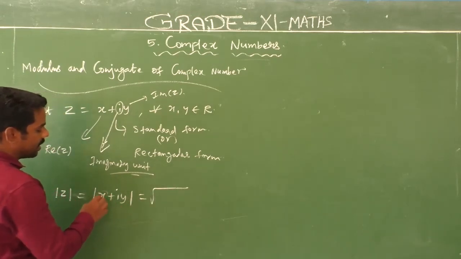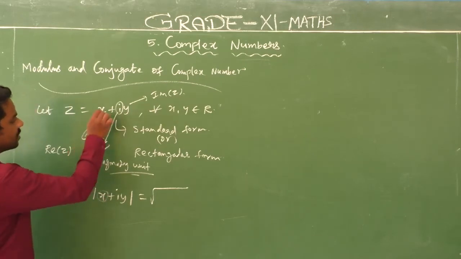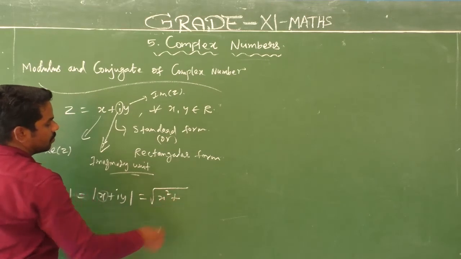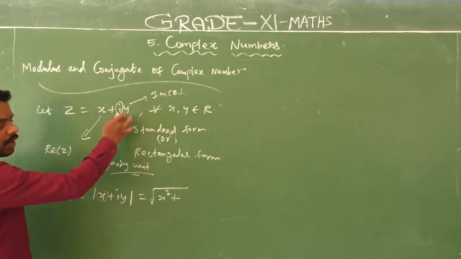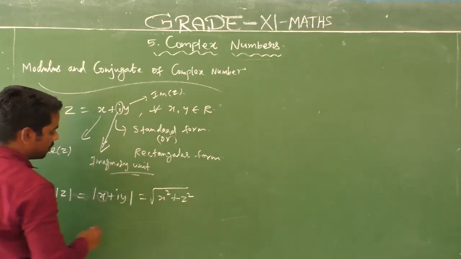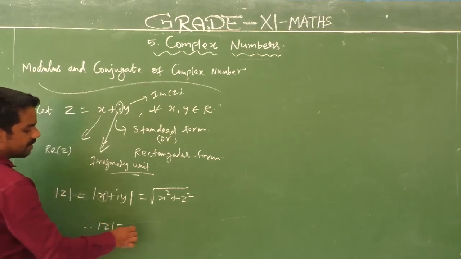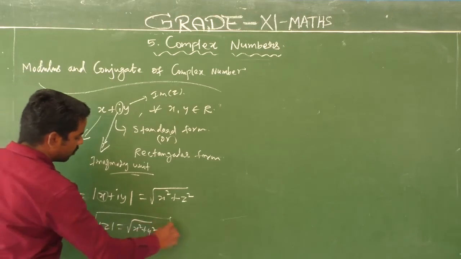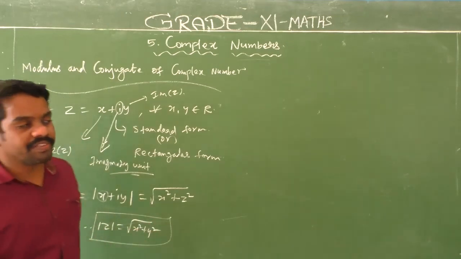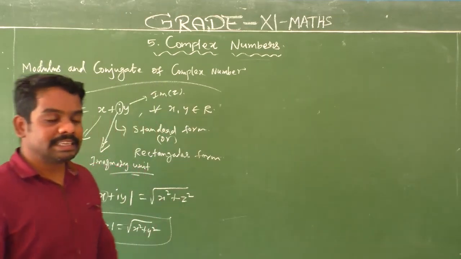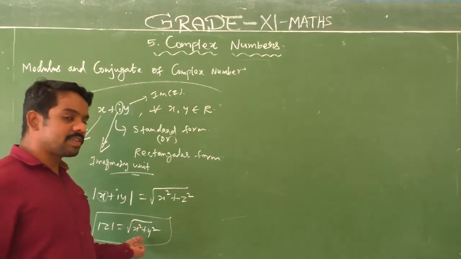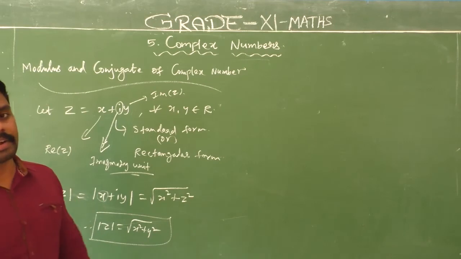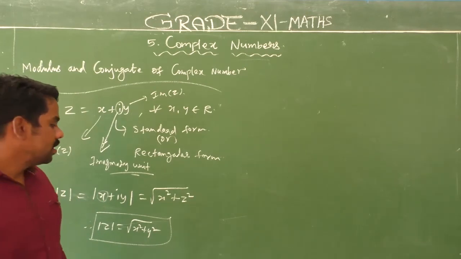The real part of z is x and the imaginary part of z is y. So modulus z is equal to root of x square plus y square.